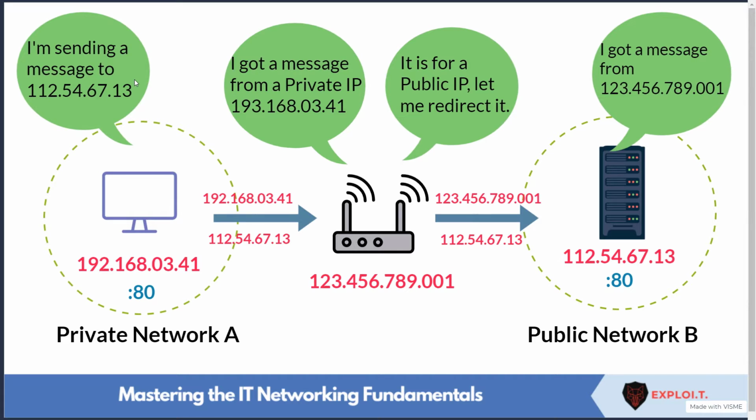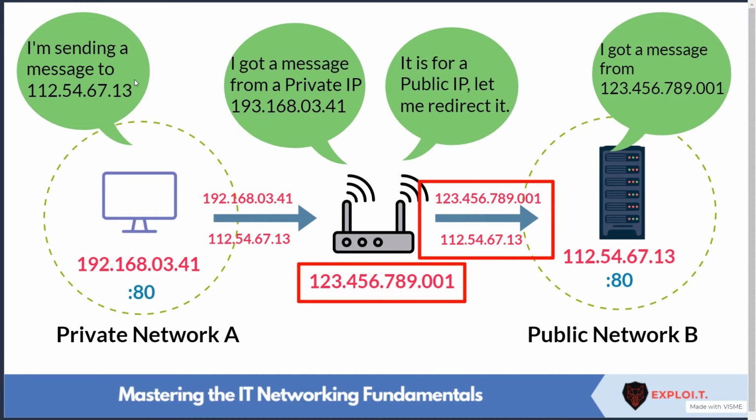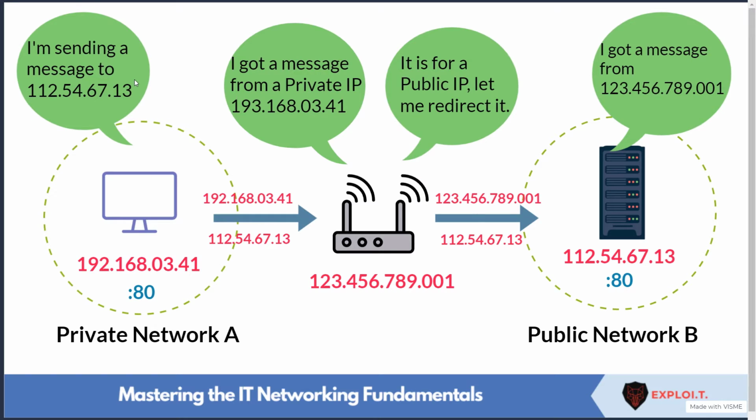So in this case, the router exchanges the sender's private address with its own public address that can be routed on the internet. So here the request is sent out while the sender address is 123.456.789.001. This is the router's public IP, while the destination IP or the receiver's IP is 112.54.67.13, and then it reaches the public network.